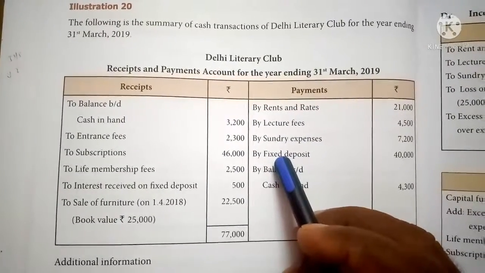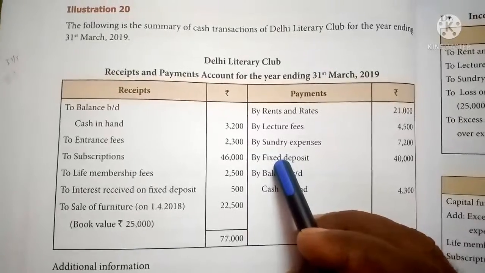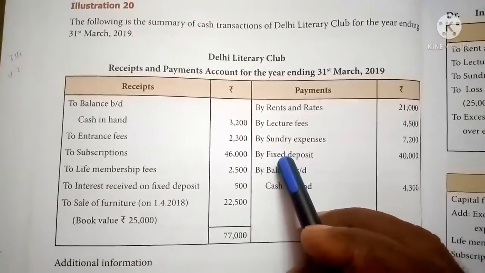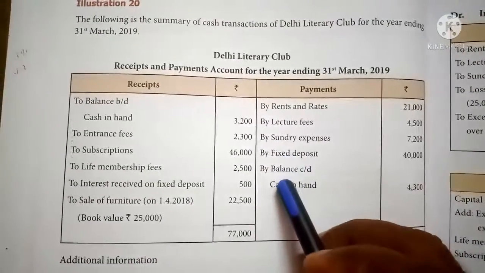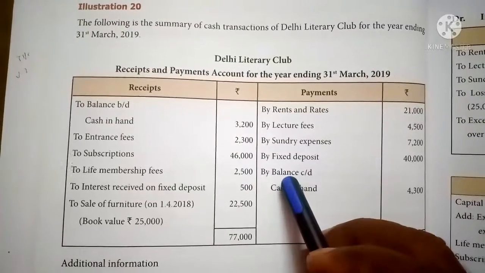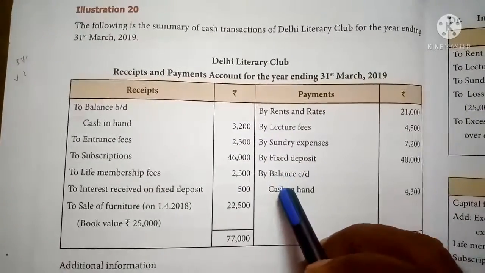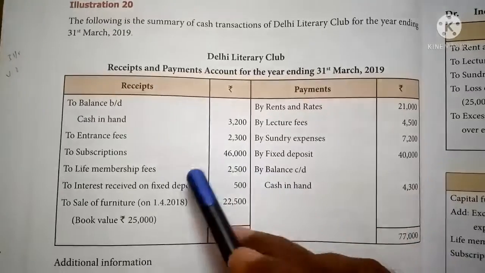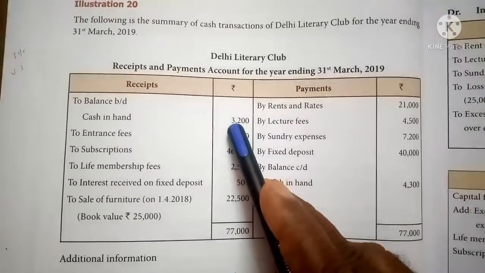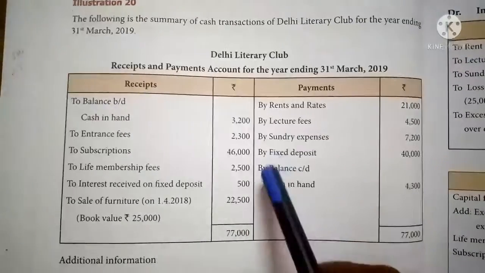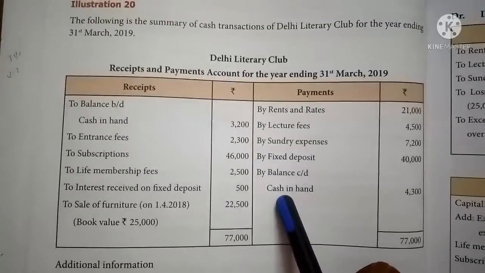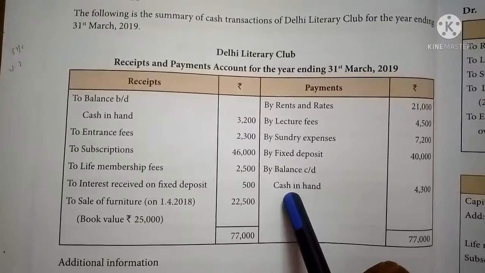Fixed deposit is one of the capital payments, that is, it should be taken to the asset side of the balance sheet. Closing balance should be taken to the asset side of the balance sheet. Opening balance should be taken to the opening balance sheet asset side. Closing balance cash in hand should be taken to the closing balance sheet asset side.